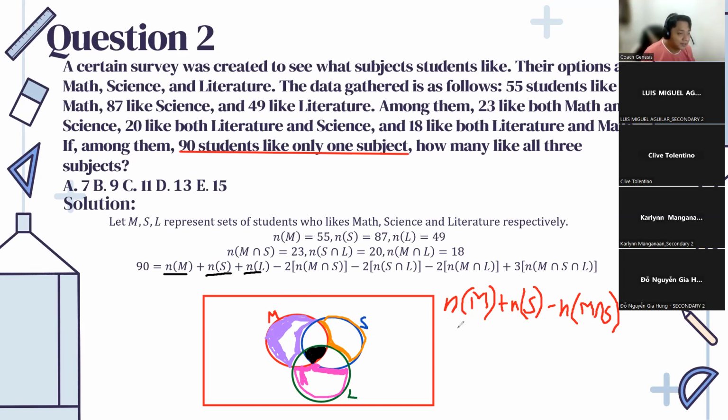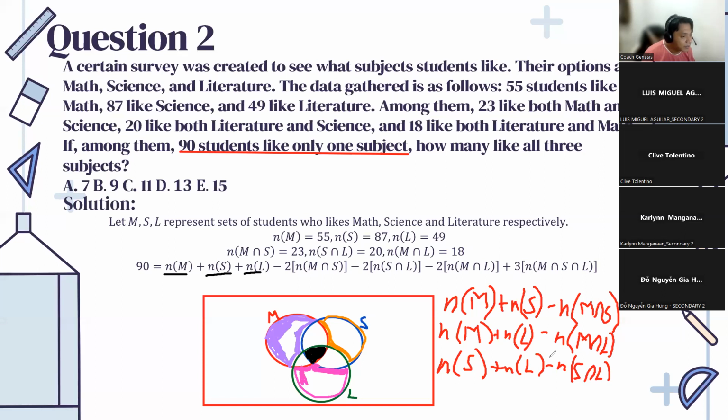Okay. Next, we have the other formula, n of M for literature plus n of L minus n of M intersection L. And for the third one, n of S plus n of L minus n of S intersection L. Okay, so wait a minute.